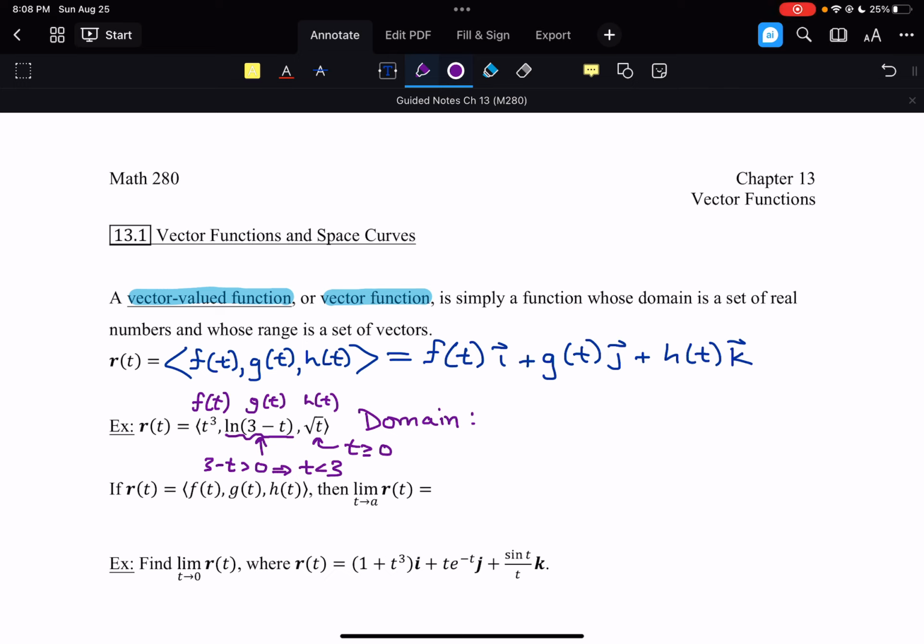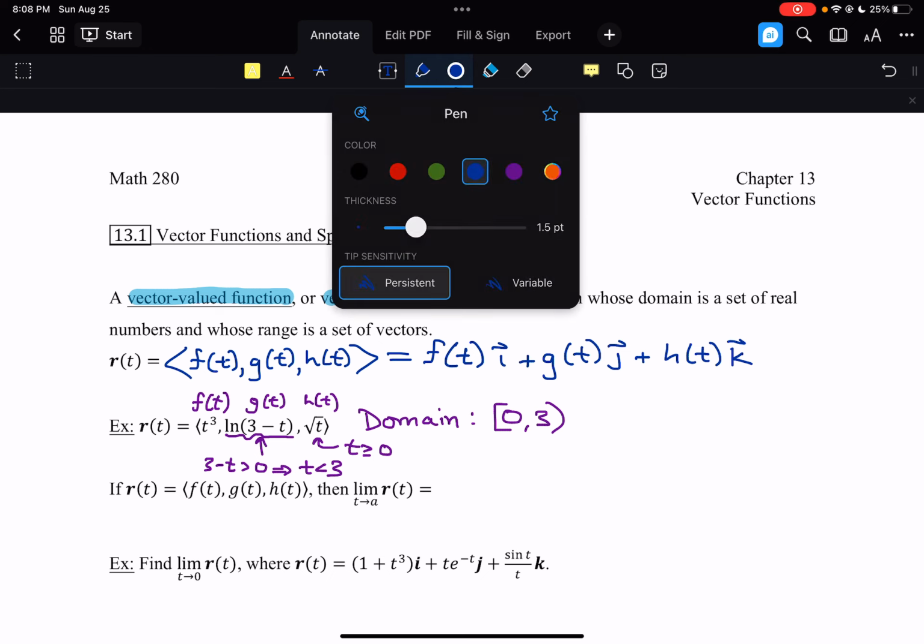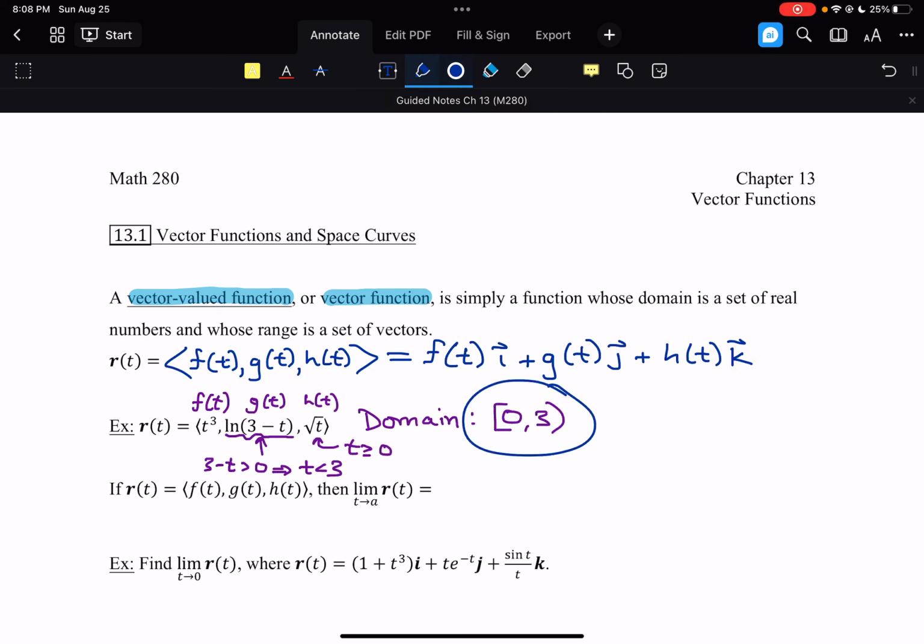So if we combine the domain restrictions, we end up getting this interval of 0 to 3, inclusive of 0, exclusive of 3. So this would be the domain of this vector-valued function. You can substitute in any real number on this interval into here to get out a vector. Anything outside of this interval would not give you a valid solution in the range.